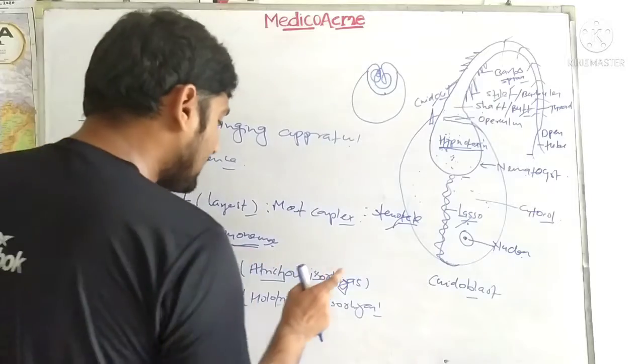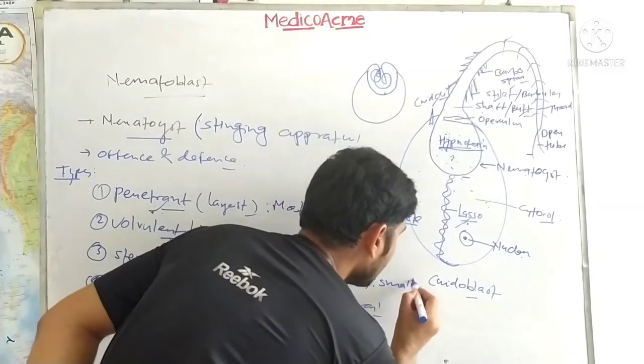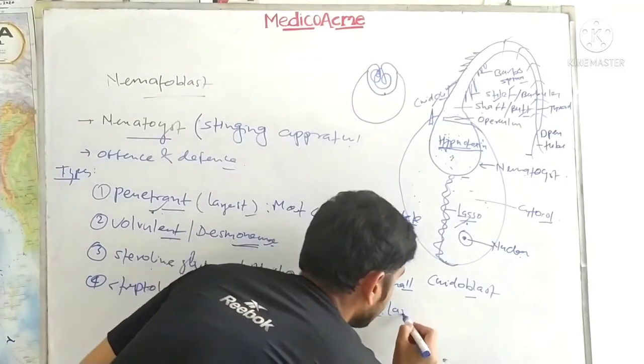So stereoline glutinants are sometimes also called small glutinants, and these are the large glutinants.